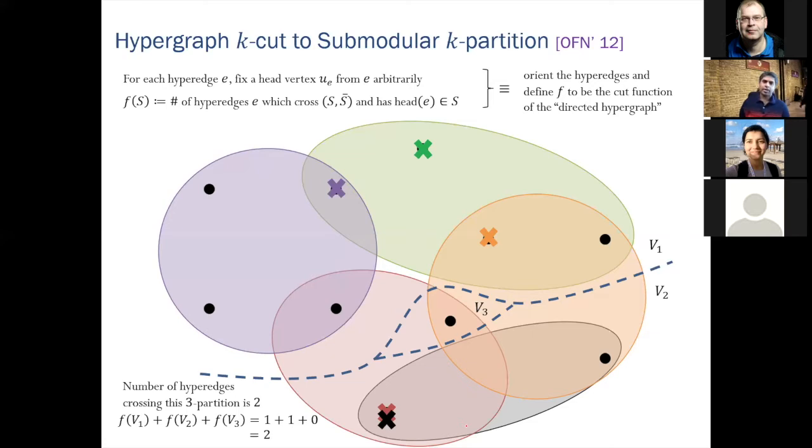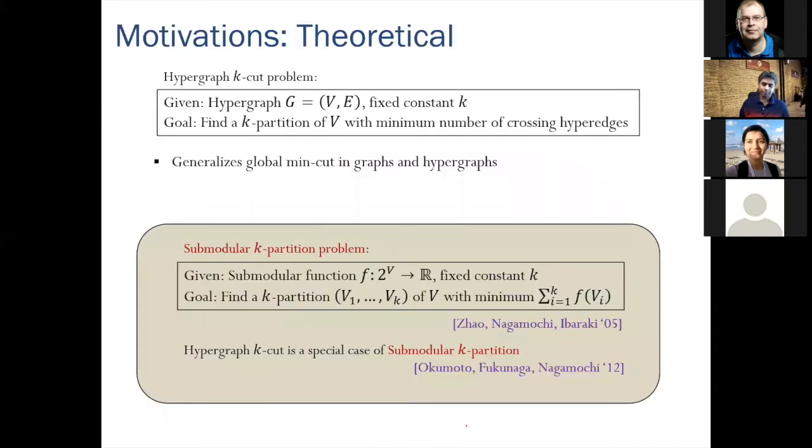So hypergraph K-cut is in fact a special case of submodular K-partition. And as I mentioned before, we do not yet understand the complexity of submodular K-partition. And we will see that we have a very good understanding of a special case, namely graph K-cut.